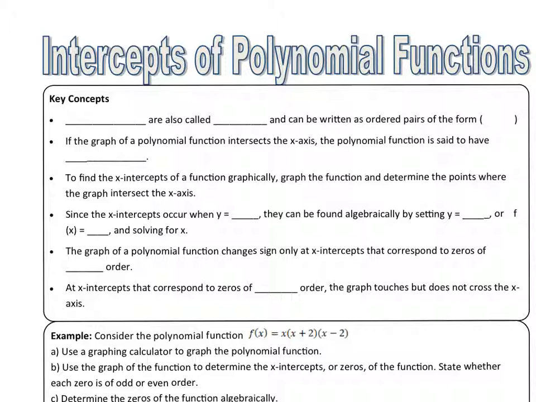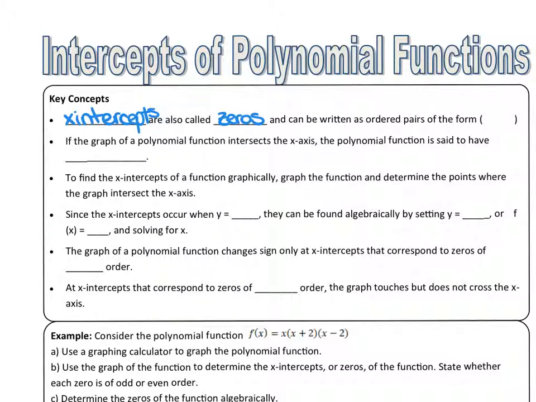But anyways, in terms of our polynomial functions, our x-intercepts are also called zeros. So they're both terms that can mean the x-intercepts.